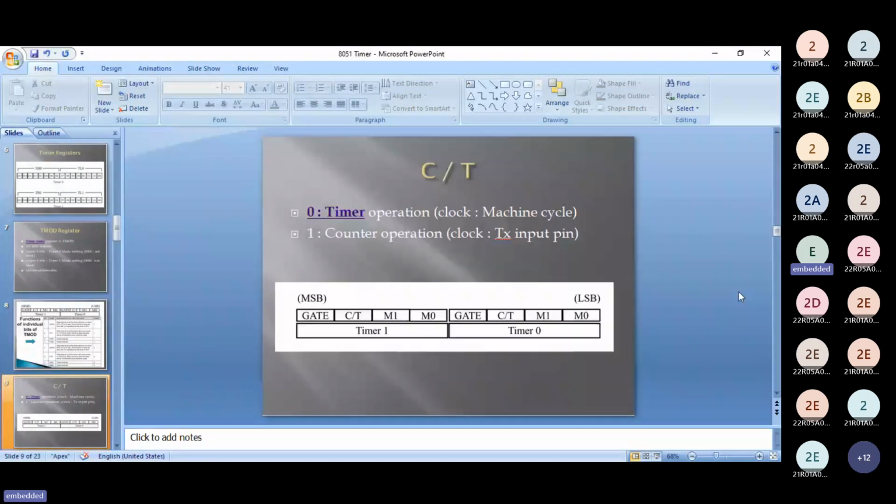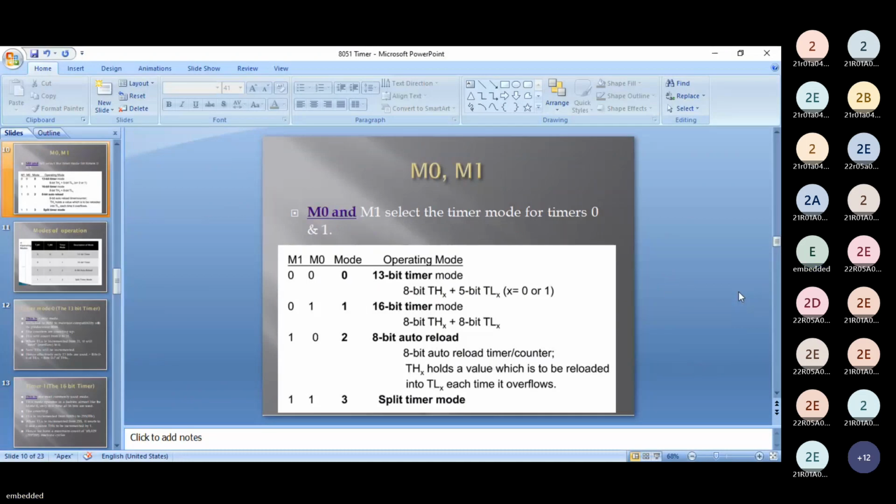C/T: at 0, timer operation, where the clock is the machine cycle; at 1, counter operation, where the clock comes from the TX input pin. Next, M0 and M1. M0 and M1 select the timer mode of timer 0 and 1. There are four modes: mode 0, mode 1, mode 2, and mode 3.